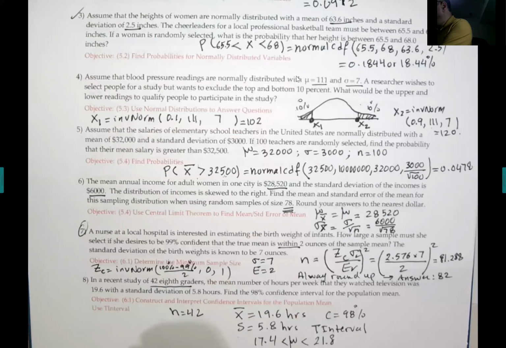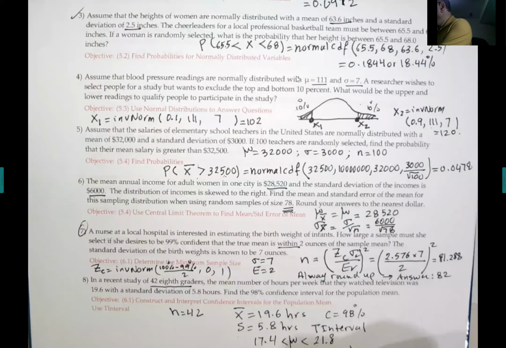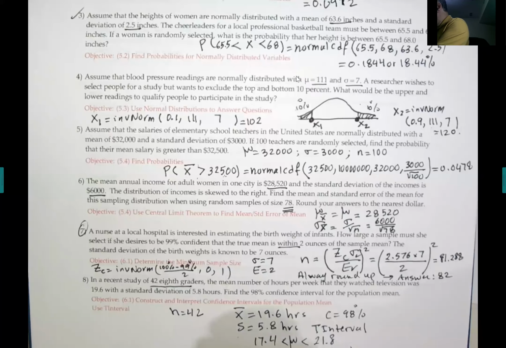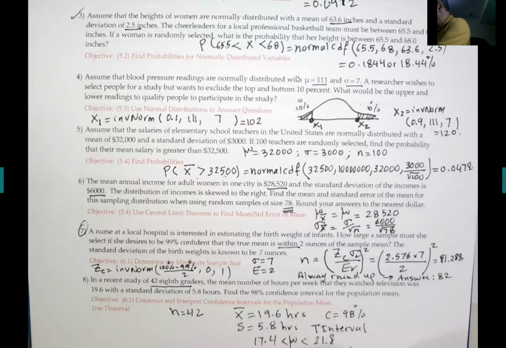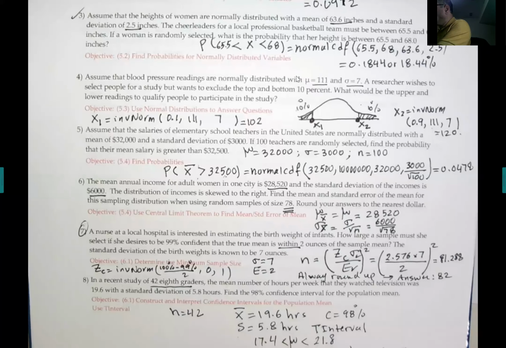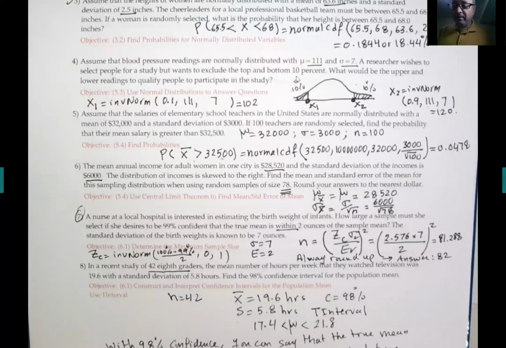With 98% confidence, you can say that the true mean number of hours eighth graders watch TV is between 17.4 hours and 21.8 hours. I bet, guys, it's a lot more now since everybody is staying home.